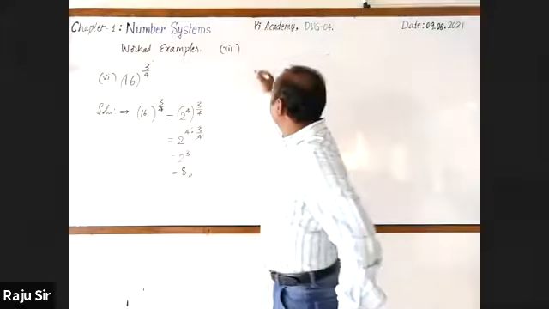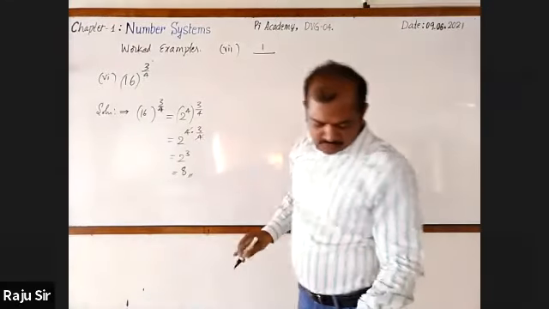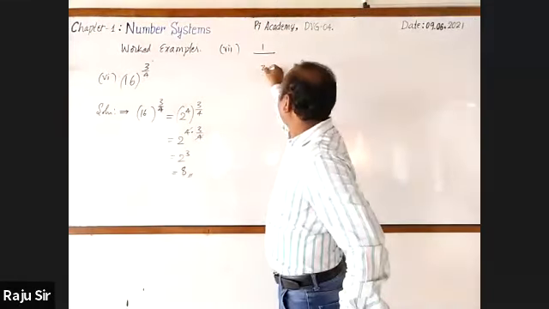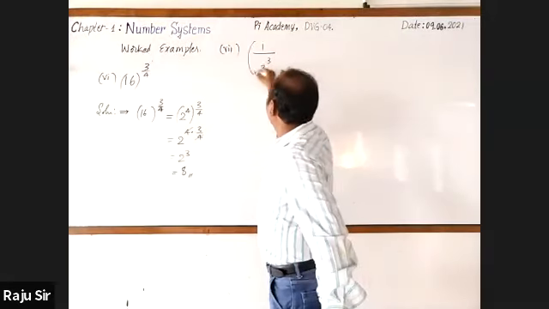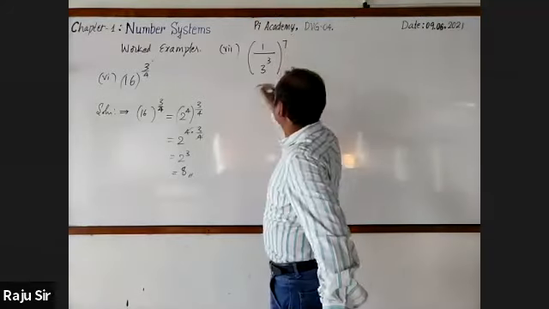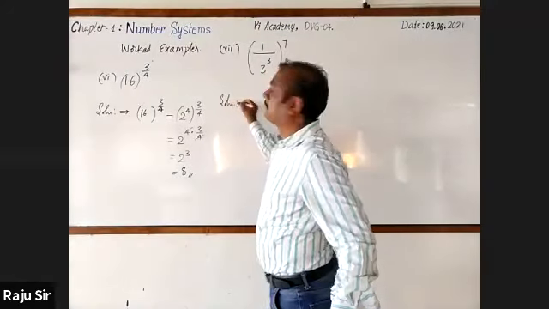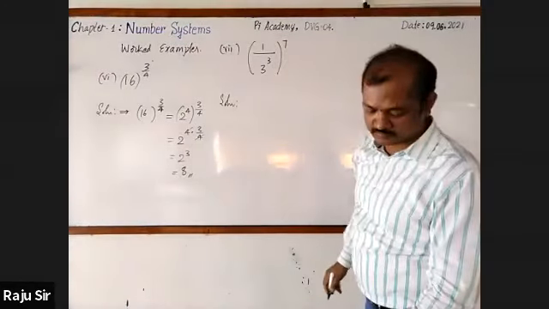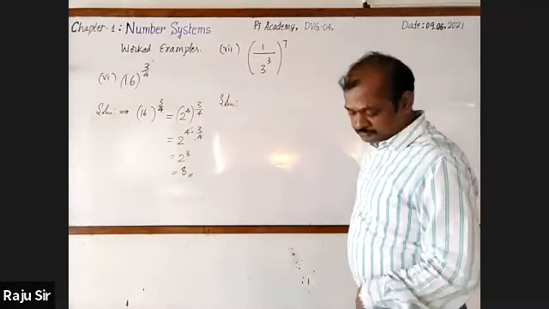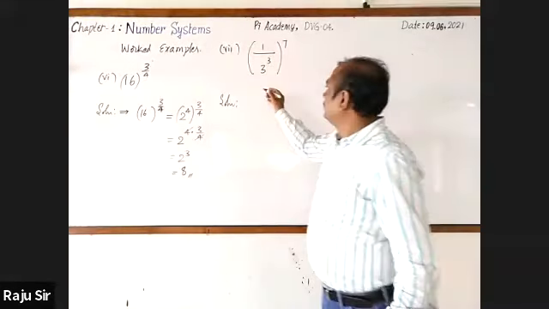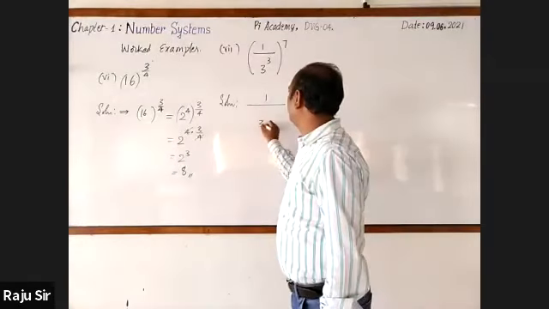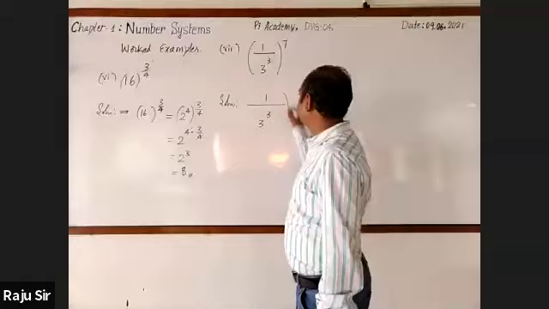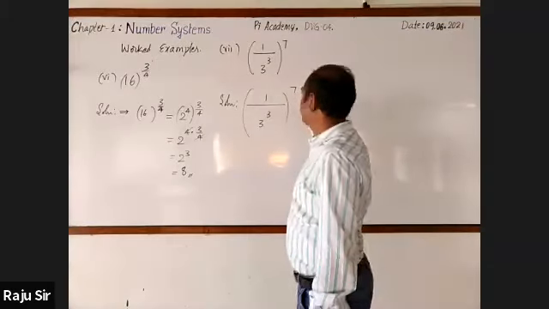It is 1 by 3 raised to the power 3, all raised to the power 7.